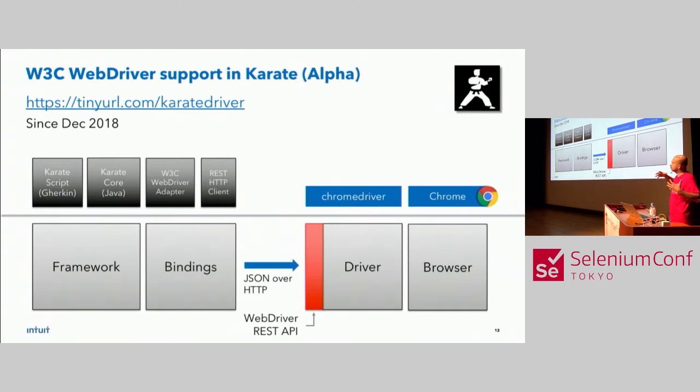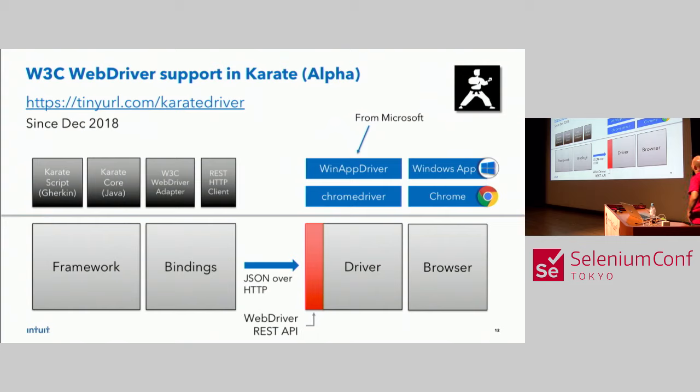And Karate has a lot of frameworky stuff that you expect from any testing framework. You can do assertions, express tests, tags, and so on. So I'm going to show you a demo of Chrome and ChromeDriver in a bit. And before that, I'll actually do this demo, which is very interesting because it's going to hopefully give you a sense of the power of the WebDriver specification, because we're not going to control a browser.